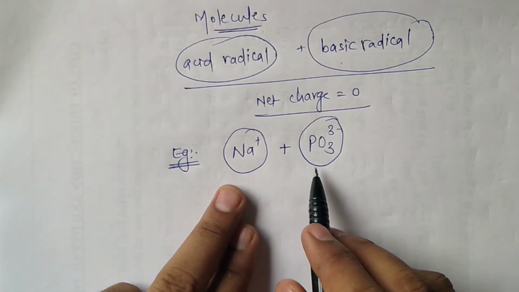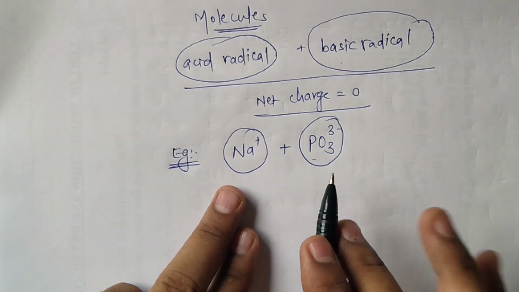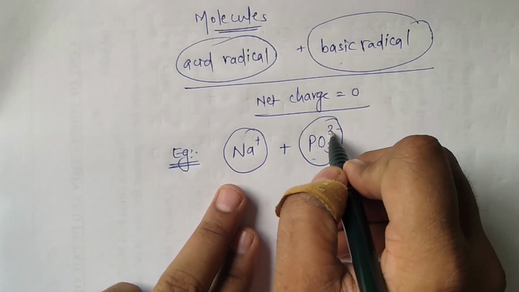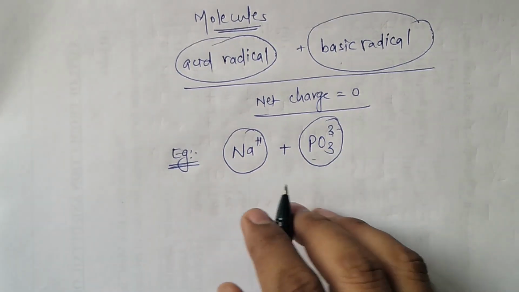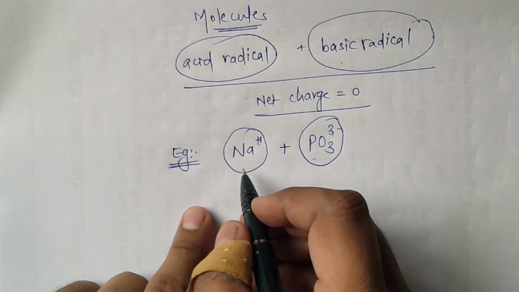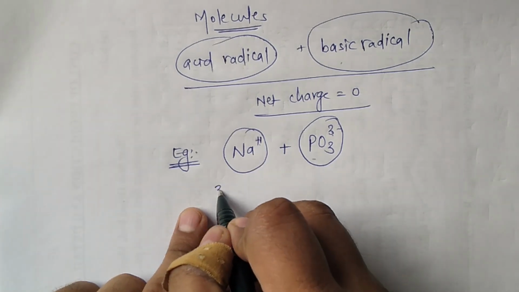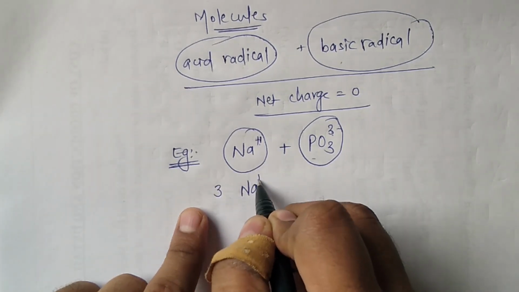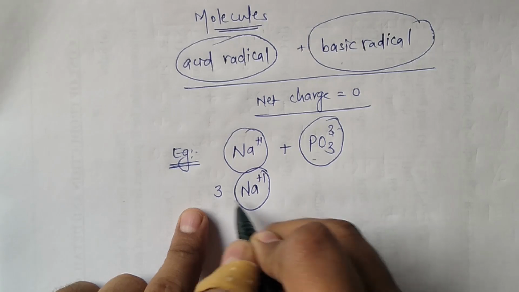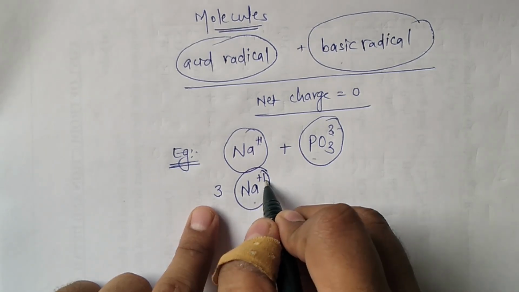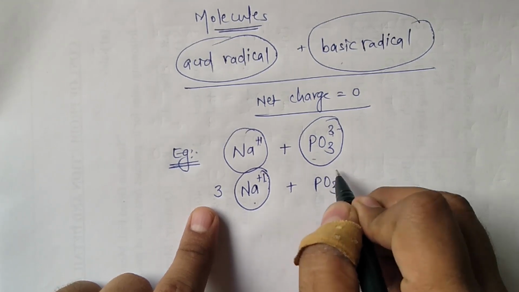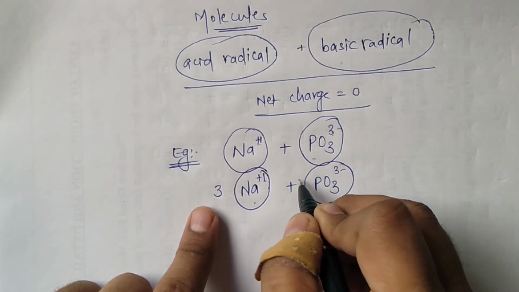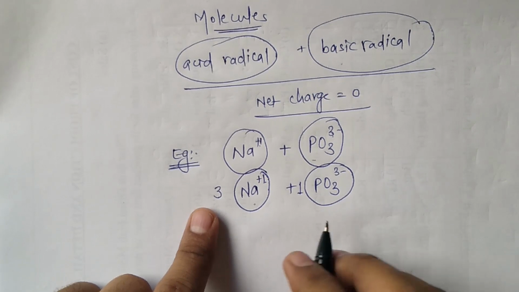Now I have to make this net charge 0. This is charge plus 1, this is charge minus 3. So to make net charge 0, I have to add 3 sodium ions. When I take 3 sodium ions, the total charge will be plus 3, plus 1 phosphite ion.